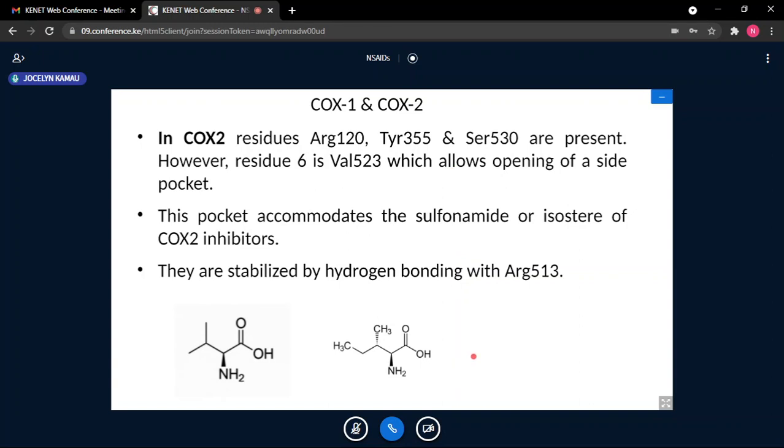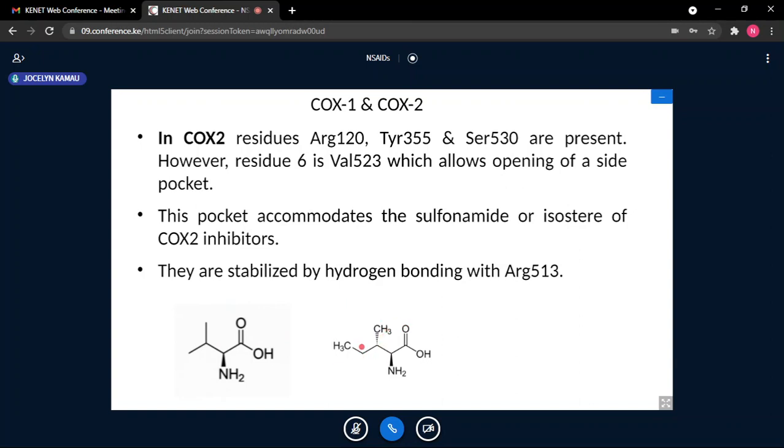That sulfonamide is a rigid structure. That rigid structure, which is found in the COXIBs, or in the selective non-steroidal anti-inflammatories, goes and fixes itself in this pocket, is accommodated in this pocket that we are talking about. And as you can see, these are the two amino acids. When you look, this is valine, and this is isoleucine.